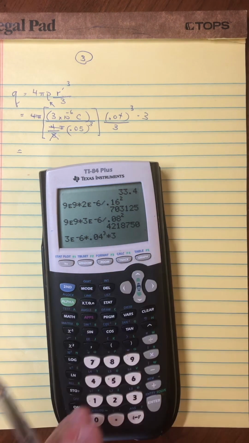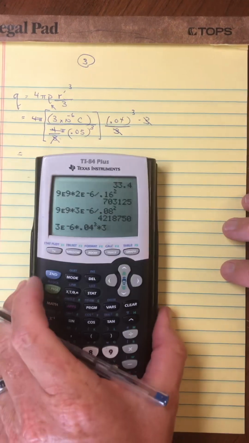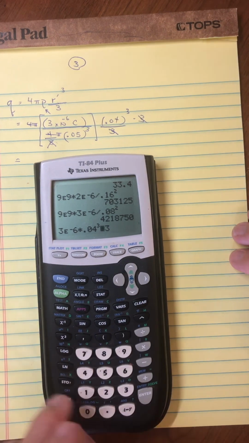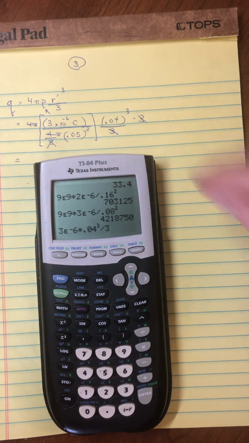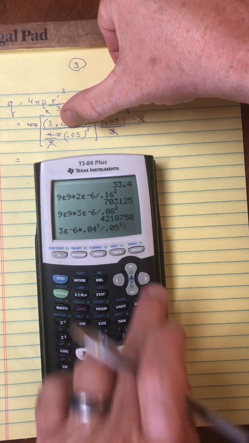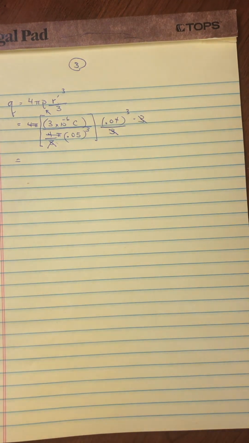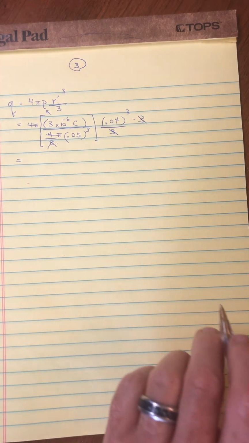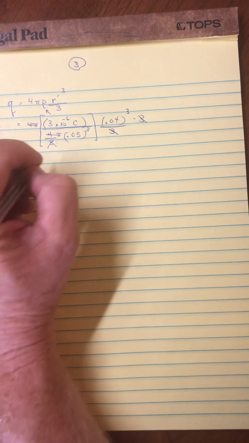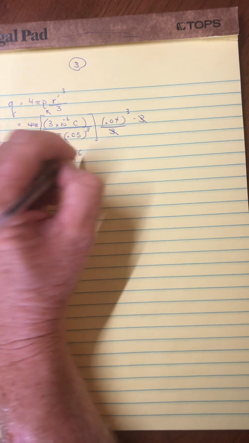And then I will divide by 0.05 raised to a power of 3 and hit enter. And so I told you this was going to be a long one, and it's 1.54 times 10 to the minus 6 coulombs.